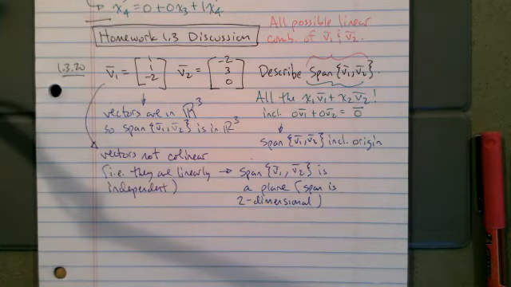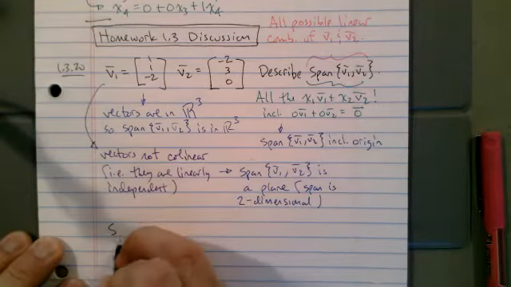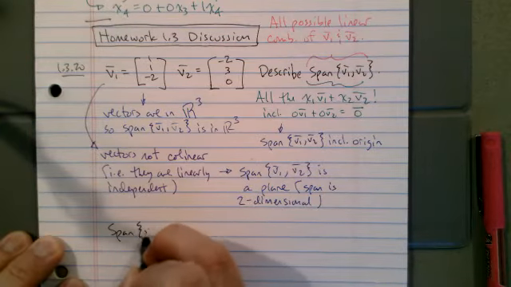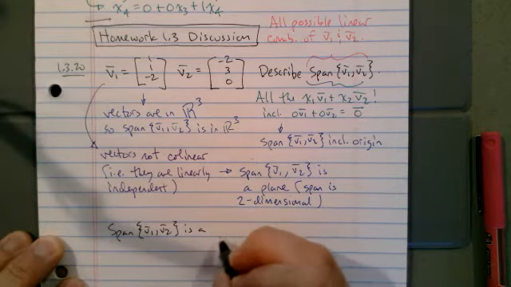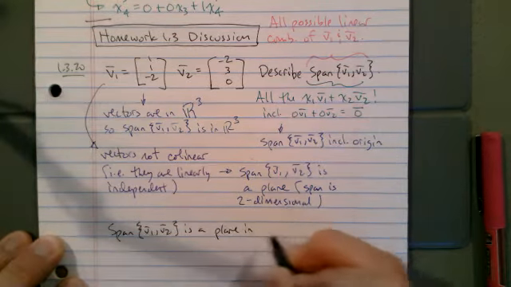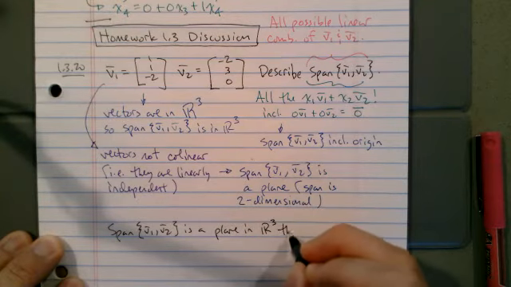So the span of v1 and v2 geometrically is a plane through the origin in R3. It's a plane in R3 containing the origin.